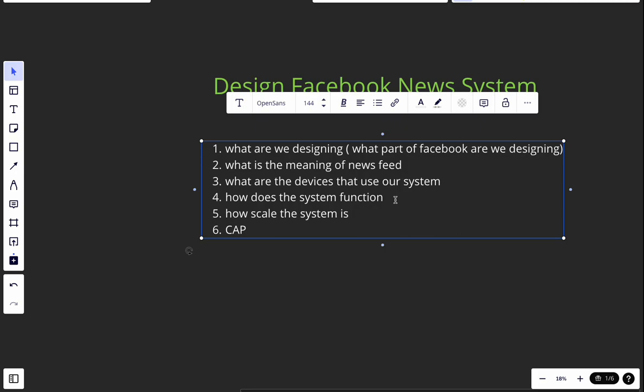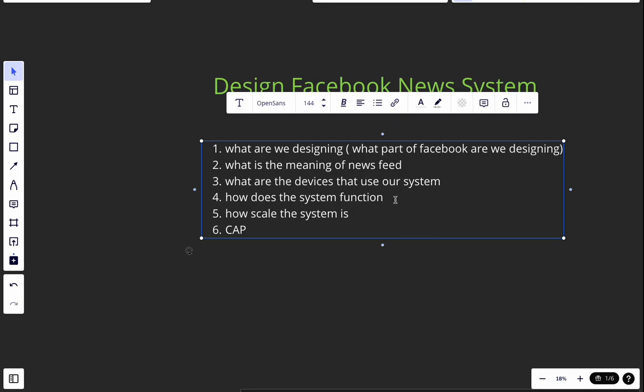So I took the second question about how the system functions. I would say, okay, is the newsfeed sorted by reverse order or any particular order, such as topic scores? For instance, posts from your close friends have higher scores. Maybe the interviewer will say that to keep things simple, let's assume that the feed is sorted by reverse order.